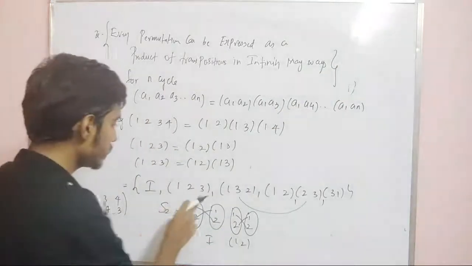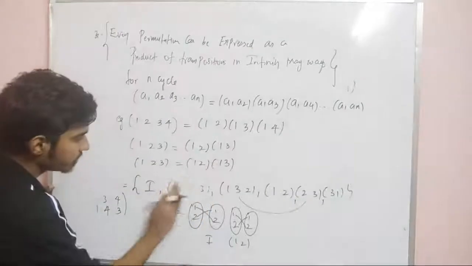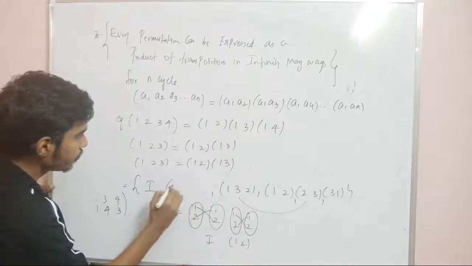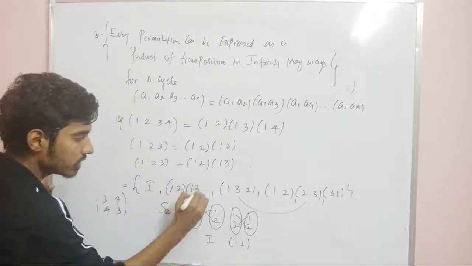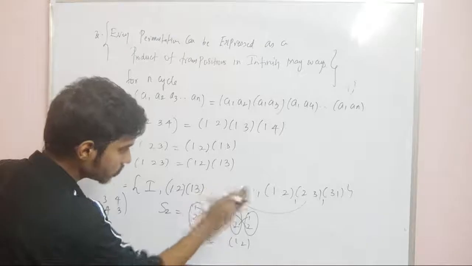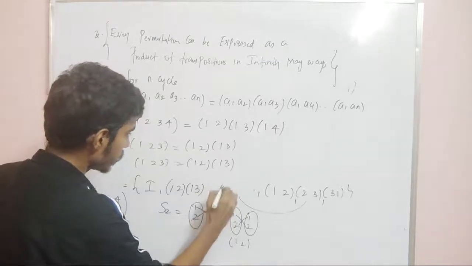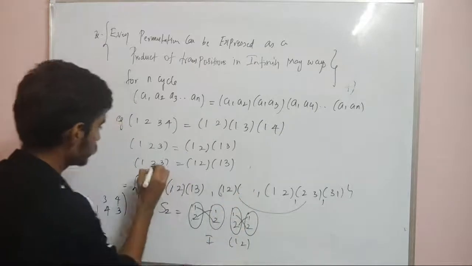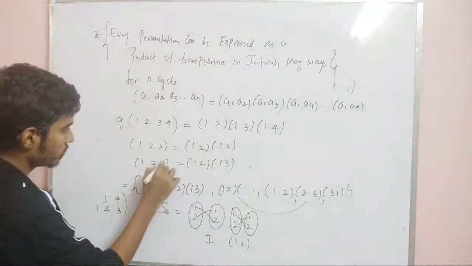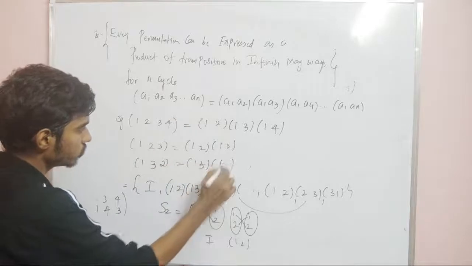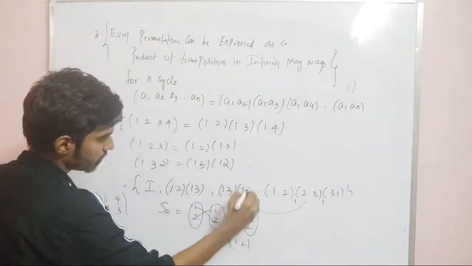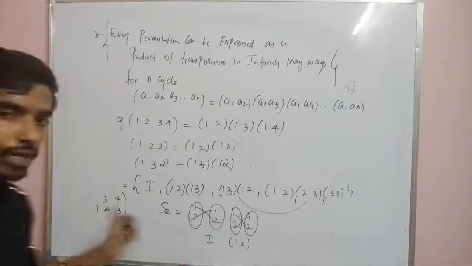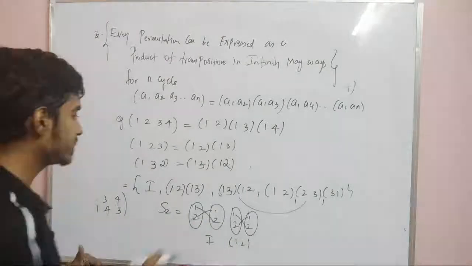So in S3, instead of (1 2 3) I can write (1 2)(1 3), and instead of (1 3 2) I can write (1 3)(1 2). So from this result I can write every cycle as a product of transpositions.